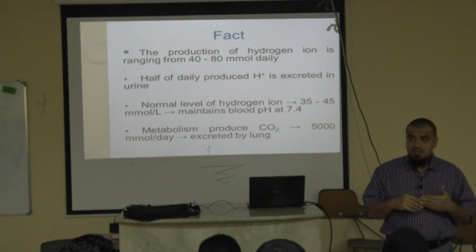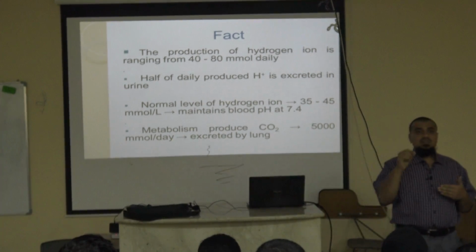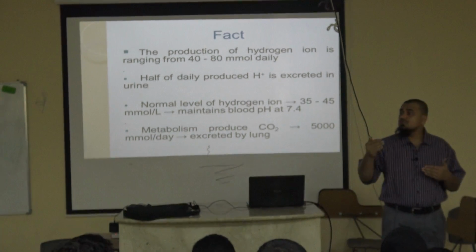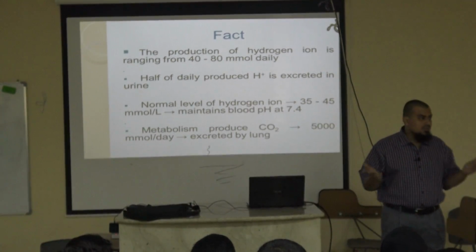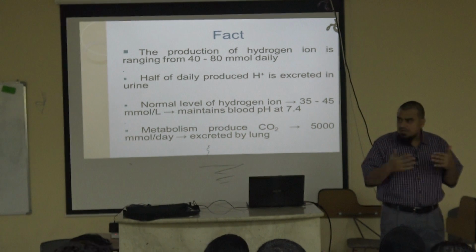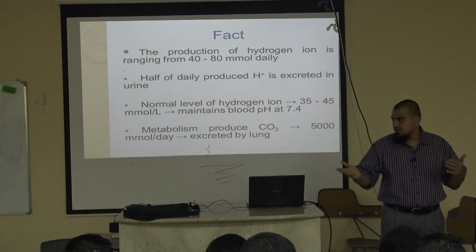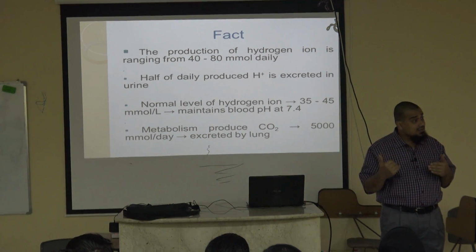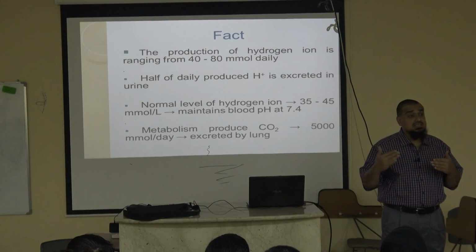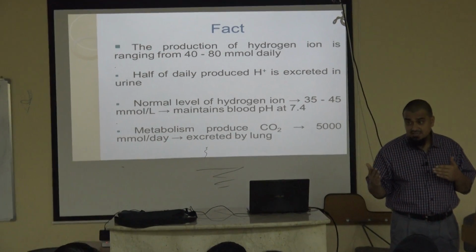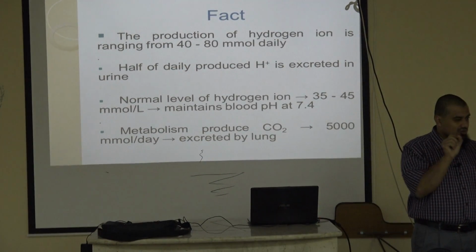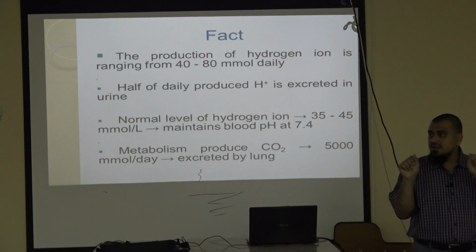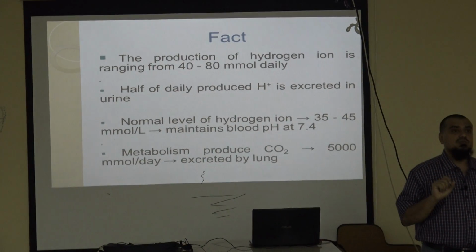Because in pH, when I say 7.4 and when I say 7.3, normally they are not very different. But in terms of log, it's a great change. It's a 10-time change. So the values of pH should be very precisely calculated. It's a very important point to note.